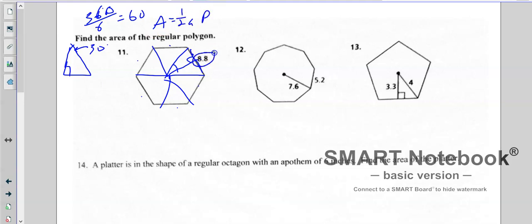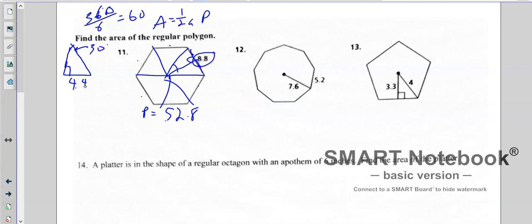Well, we can do the perimeter already. The perimeter is 8.8 times 6, which is 52.8. But on this mini triangle that we cut out of here, it's half of that, 4.4.